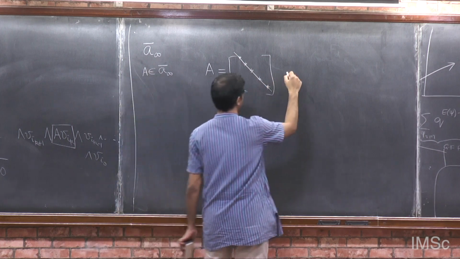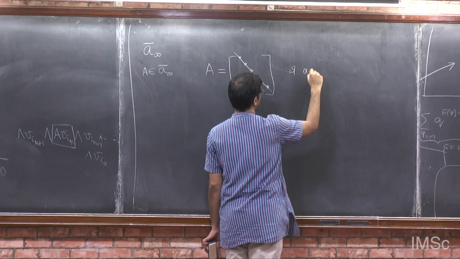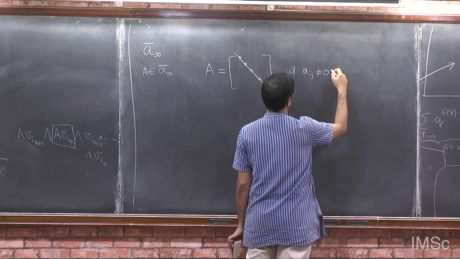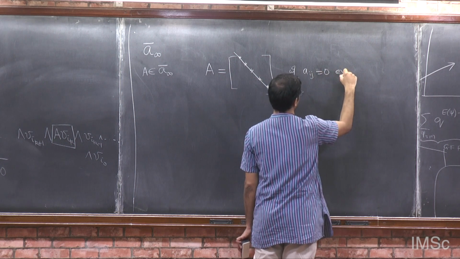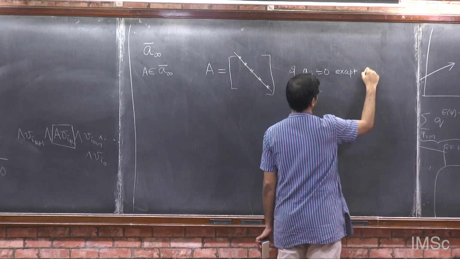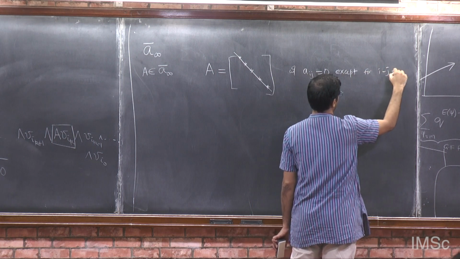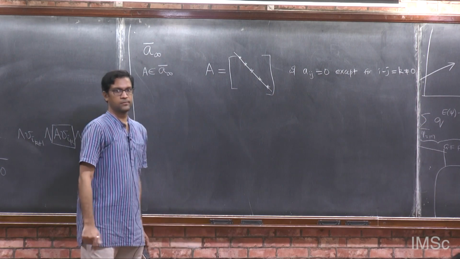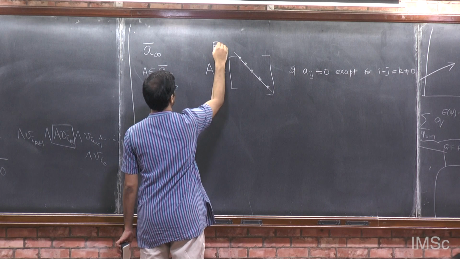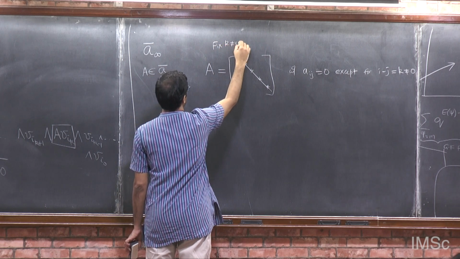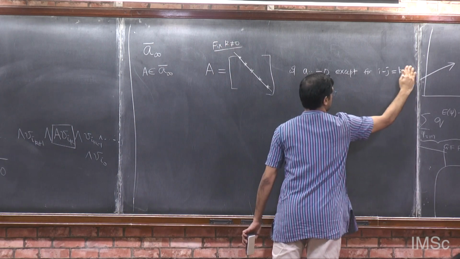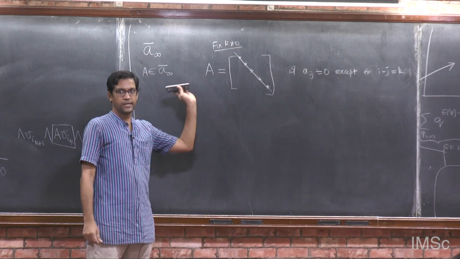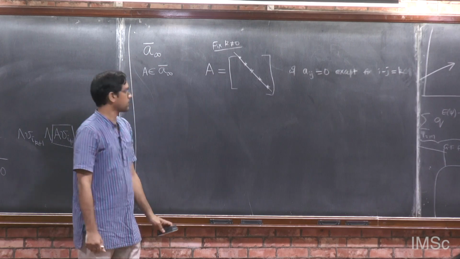A is like this with A_ij non-zero, 0 except for i minus j equals some k which is not 0. So on the kth diagonal. Okay, so I fix k not 0. Fine. So this is a matrix which is supported on the kth diagonal.